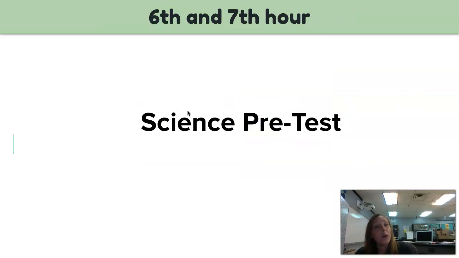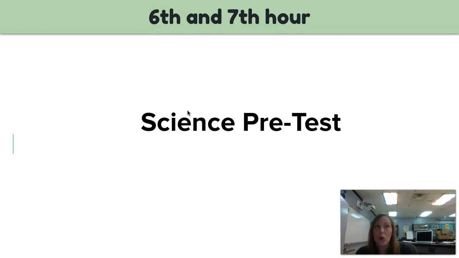All right, if you are in 6th or 7th hour, you are going to see a link to a science pretest. You need to complete that pretest today. It's very complicated, and it is completely okay to write an answer, I don't know. That is an acceptable answer. Attempt to answer it. It is a pretest. You are not supposed to know how to do this yet, and I just need to see who knows how and who doesn't before I teach it.